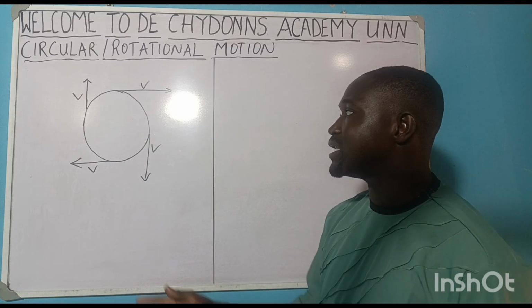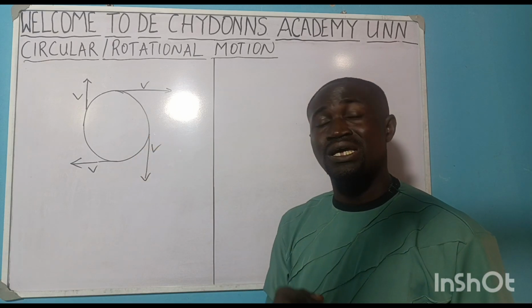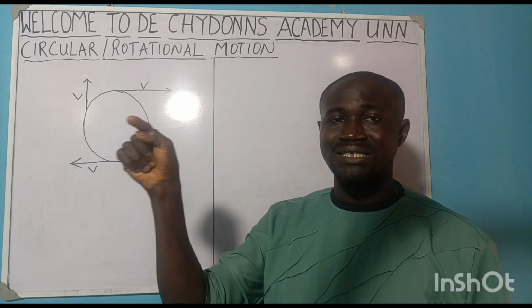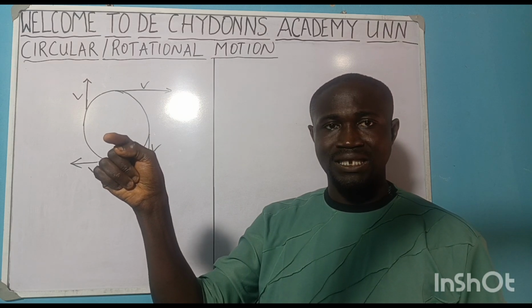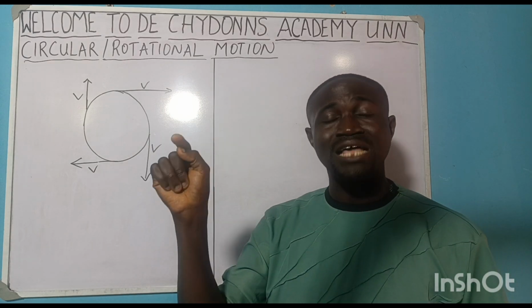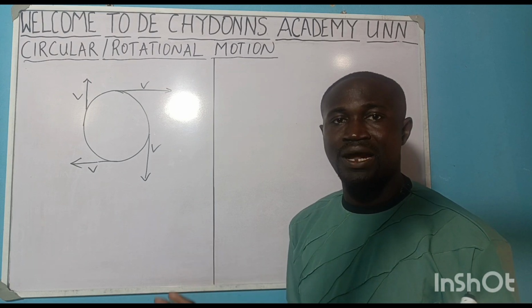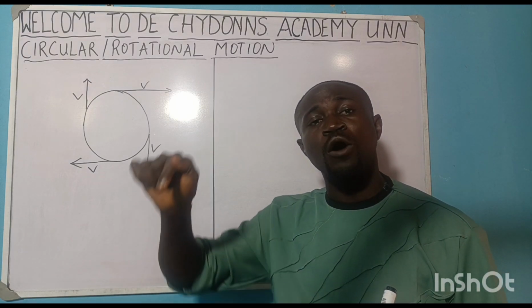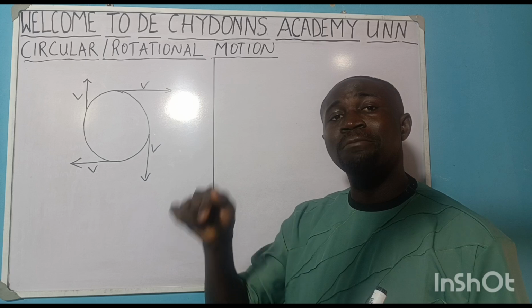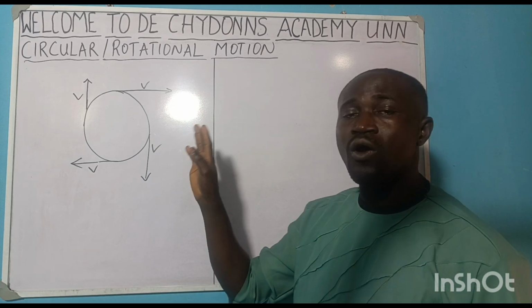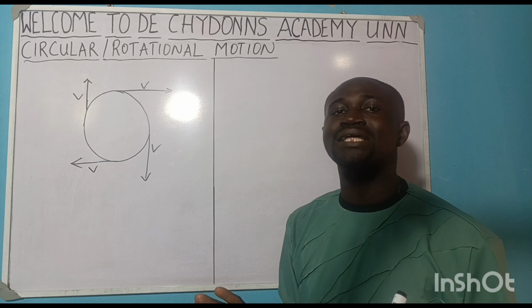What about the acceleration of a body that undergoes circular motion? The acceleration of a body that undergoes circular motion is directed towards the center. Are you getting it? It's directed towards the center, and so the acceleration is not constant. It also varies. But the magnitude of the acceleration of a body undergoing circular or rotational motion is constant.